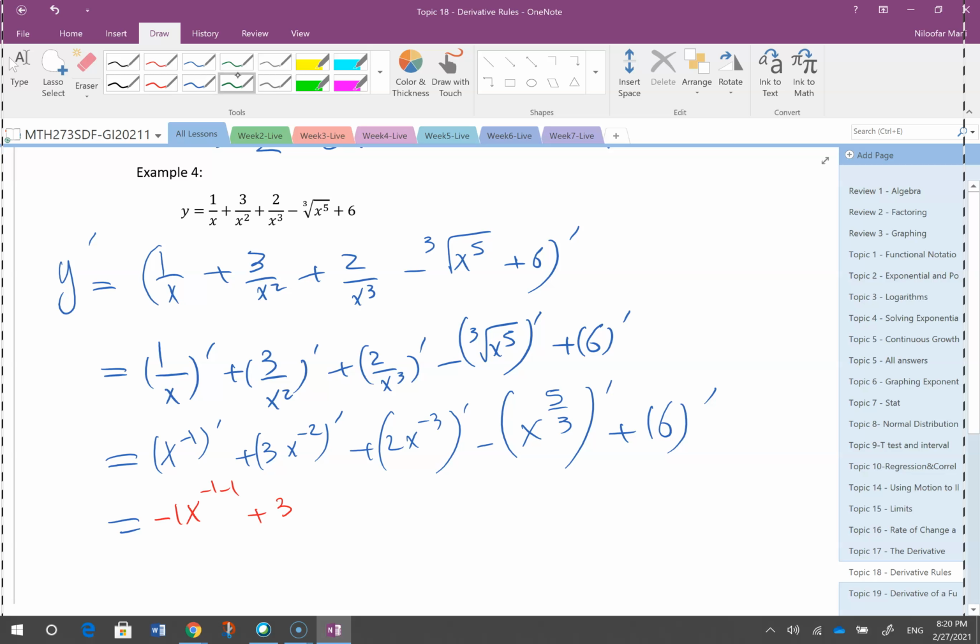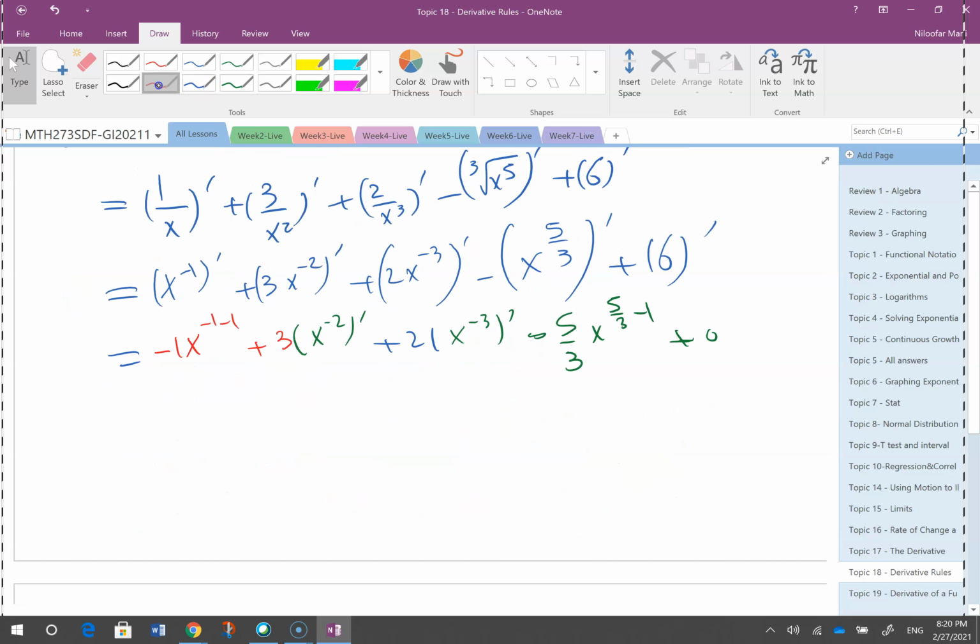So 3 multiplied by the derivative of this plus 2 multiplied by the derivative of this minus 5 over 3 x to the power 5 over 3 minus 1 and plus 0.